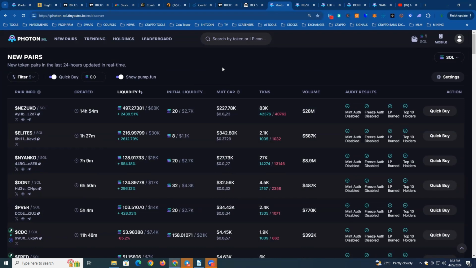For instance, myself, whenever I enter into any of these positions, I am sitting at my computer. I'm not going to leave my computer. Okay, so this type of trading isn't a set and forget it type of trading. This is an active type of trading.